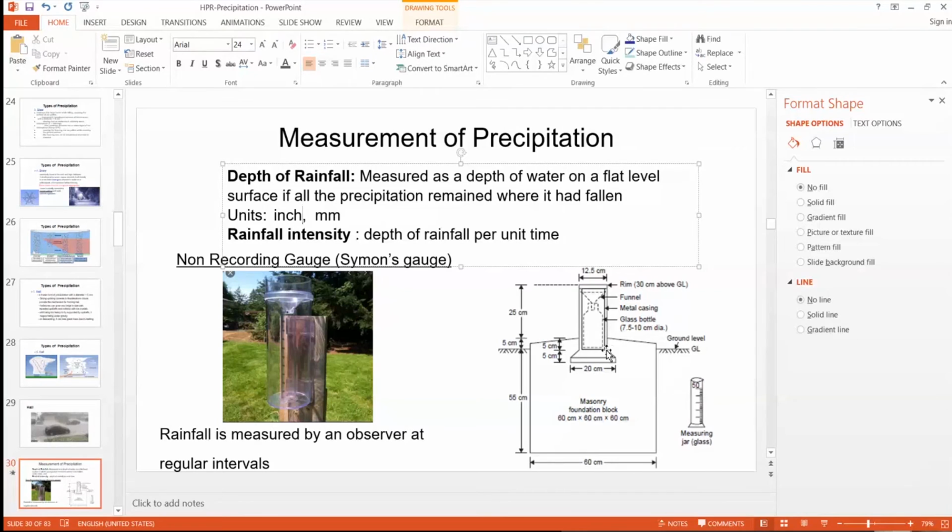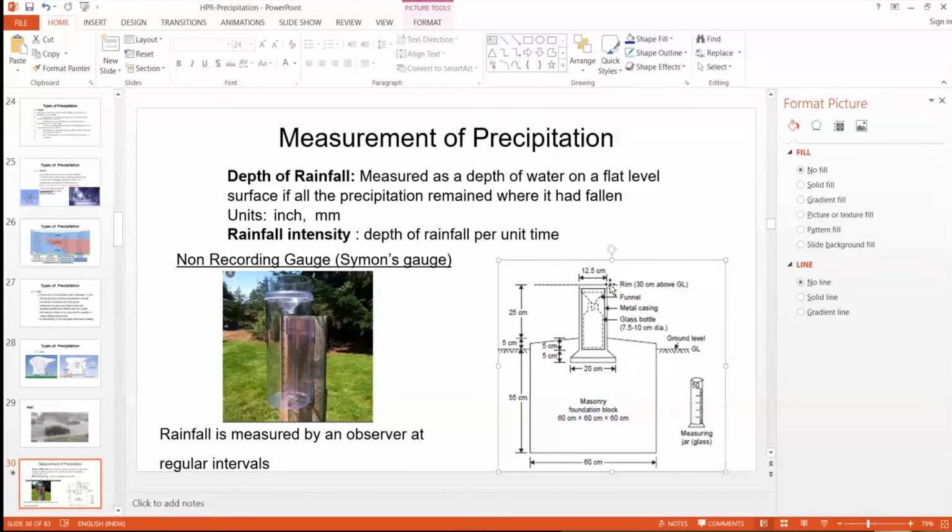The important thing when we fix it is to find a location such that when we draw horizontal lines and lines at 45 degrees to the horizontal, they should not meet any building or tree. If we draw a 45-degree line from this edge, it should not intersect any nearby building or tree. That is one rule.